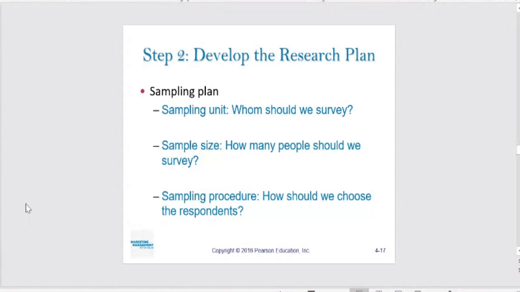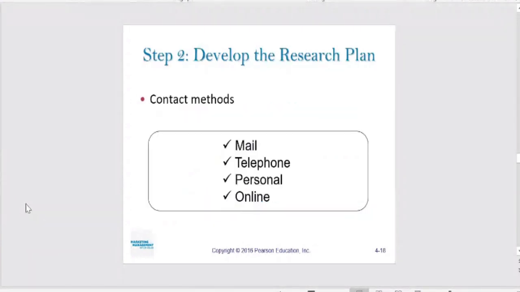Sample size is how many people should be surveyed, and how we should choose the respondents is all about the sampling procedure. So collecting the right information from the right person, who exactly is the right candidate, is all about the sampling plan.